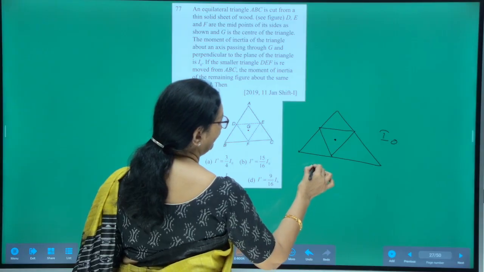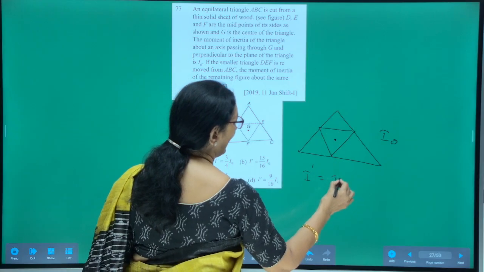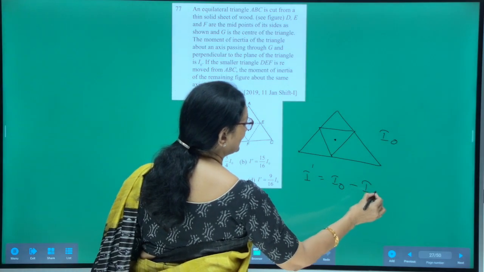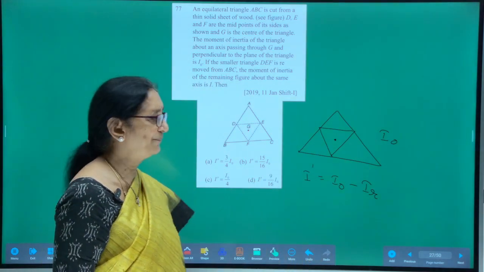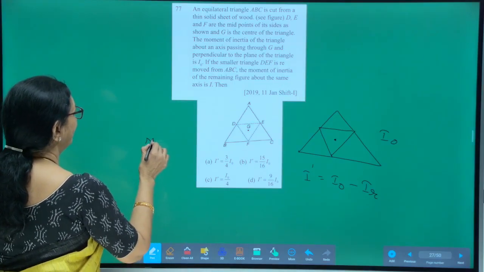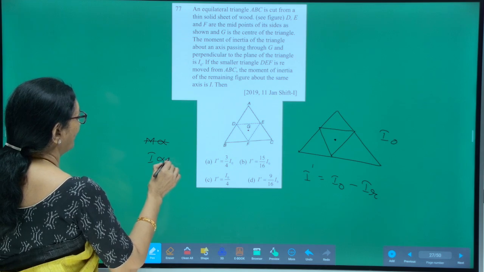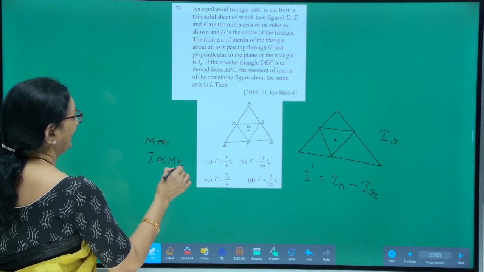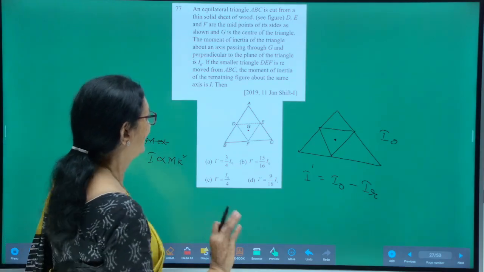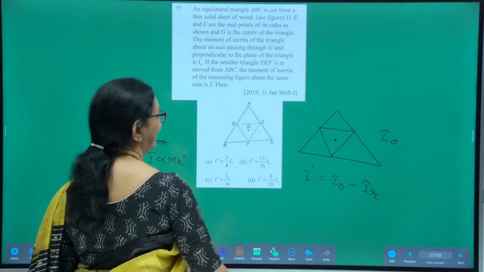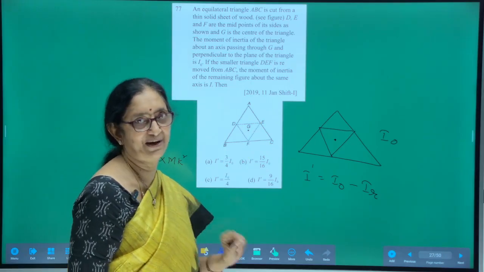So, the moment of inertia of the remaining part about that axis is I0 minus the moment of inertia of the removed part about the same axis. So, moment of inertia is proportional to m into k square, where k is the radius of gyration. See here, and that radius of gyration once again depends on the side of the triangle.